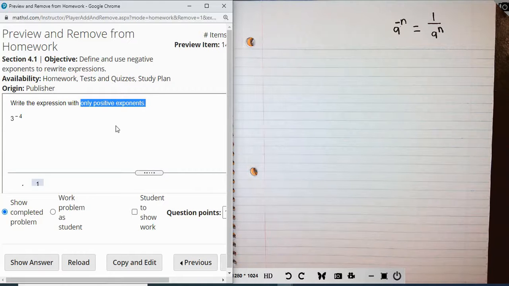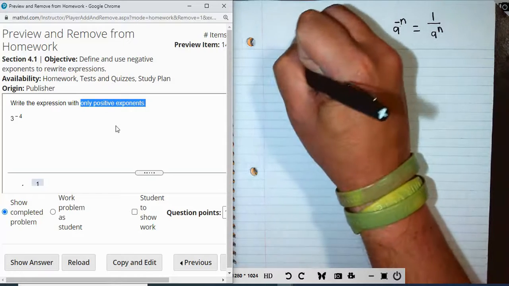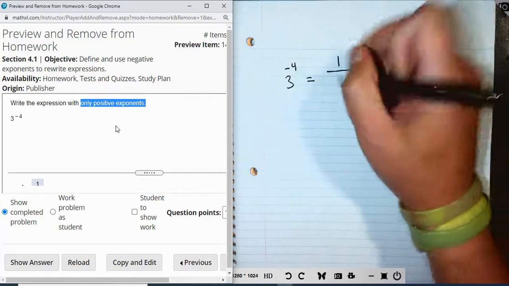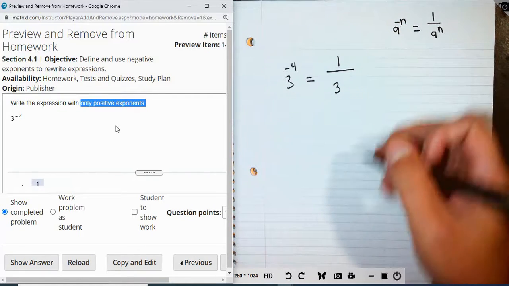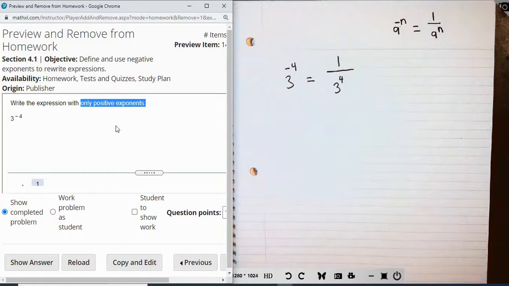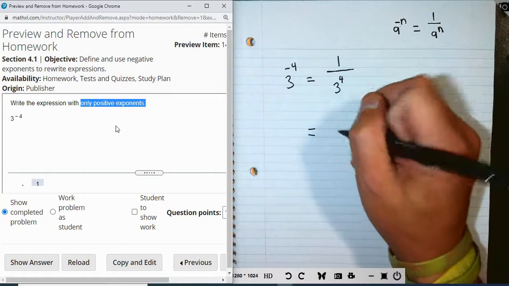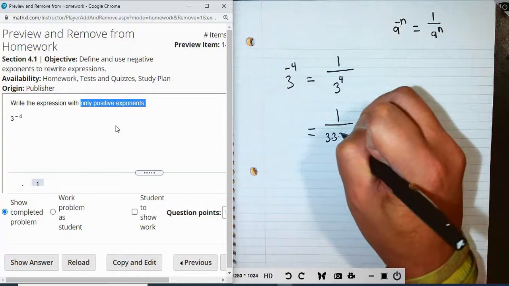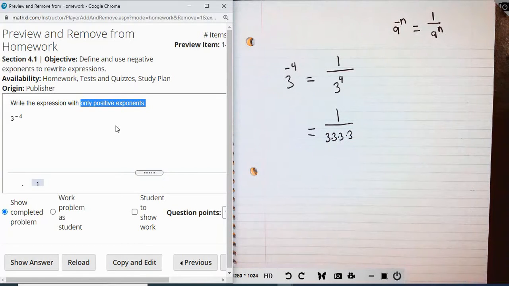Okay. So here we have 3 to the negative 4. What we do is move that base to the opposite side of the fraction bar and take it to the positive version of that exponent. In this particular question, it is acceptable to put 1 over 3 to the 4th. But you could also evaluate 3 to the 4th, which is 3 times 3 times 3 times 3, a very basic definition of an exponent.